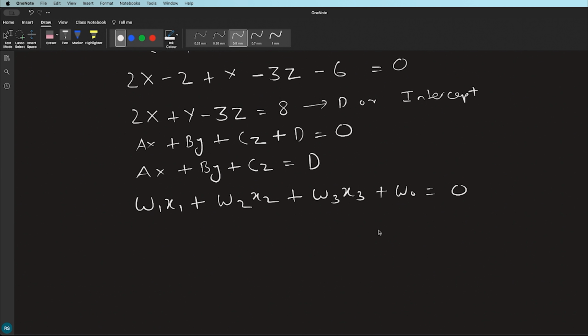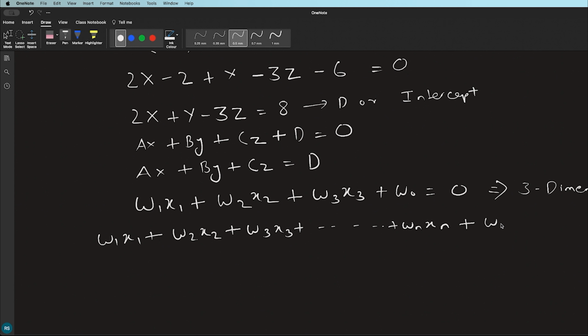And this equation is for 3 dimensions, and for n dimensions I can write this equation as w1 x1 plus w2 x2 plus w3 x3 plus up to wn xn plus w naught equal to 0.